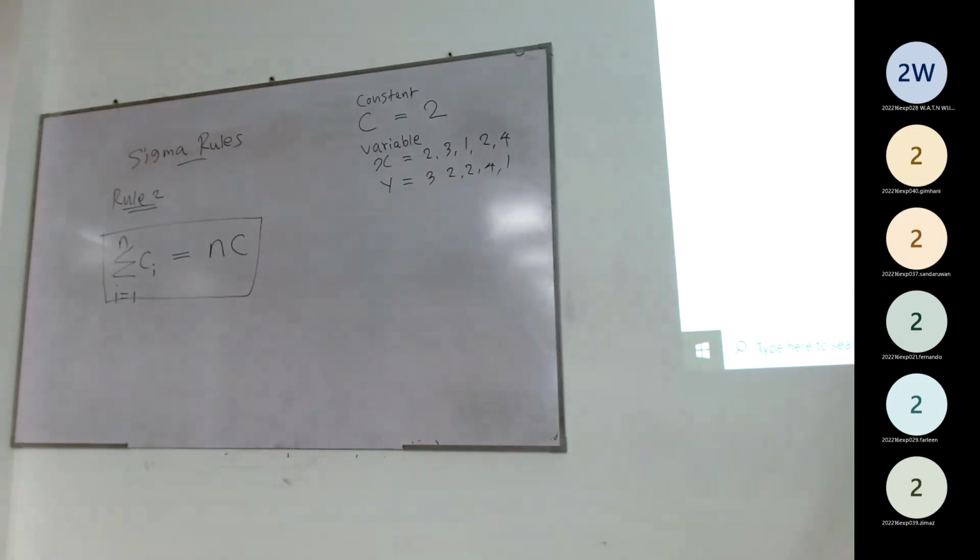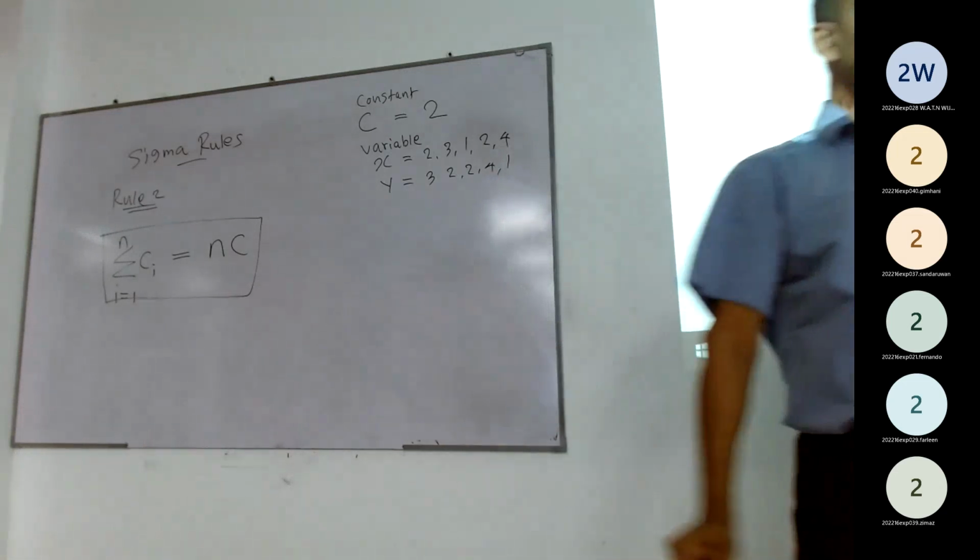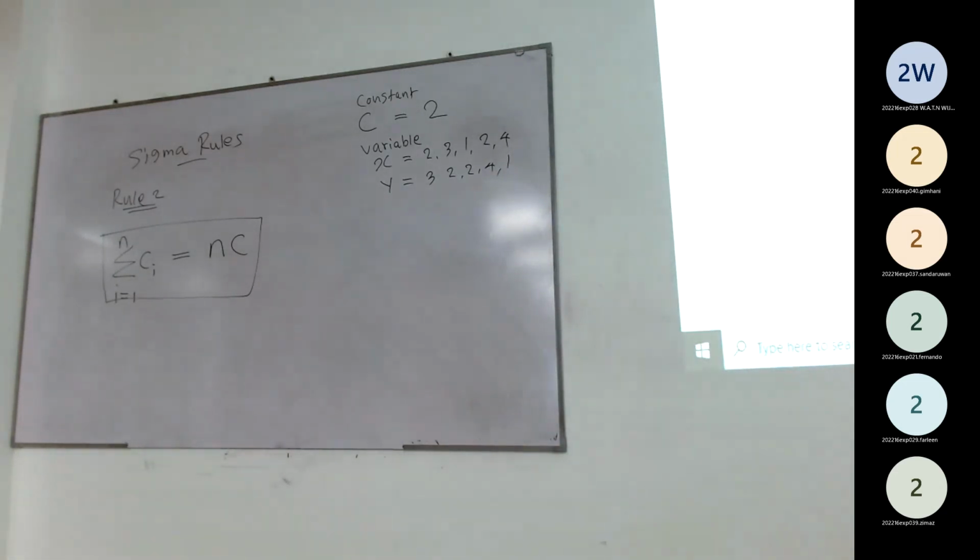Then we write rule 2: if we take the summation of a constant n times, the value is similar to the constant multiplied by n.